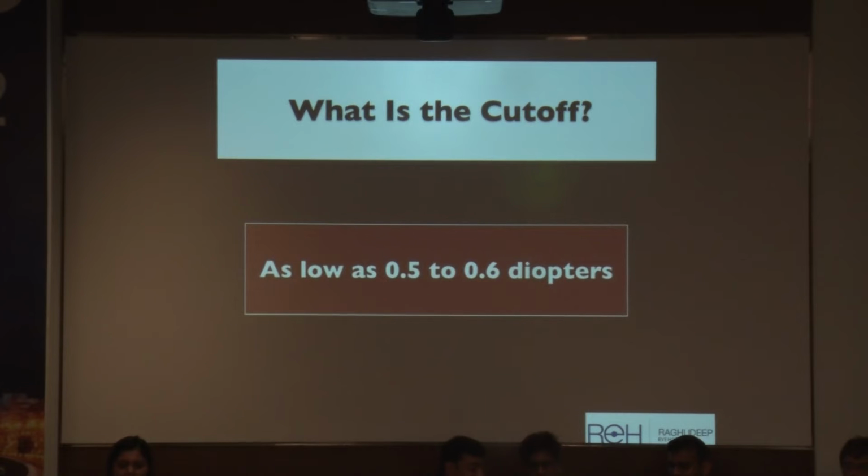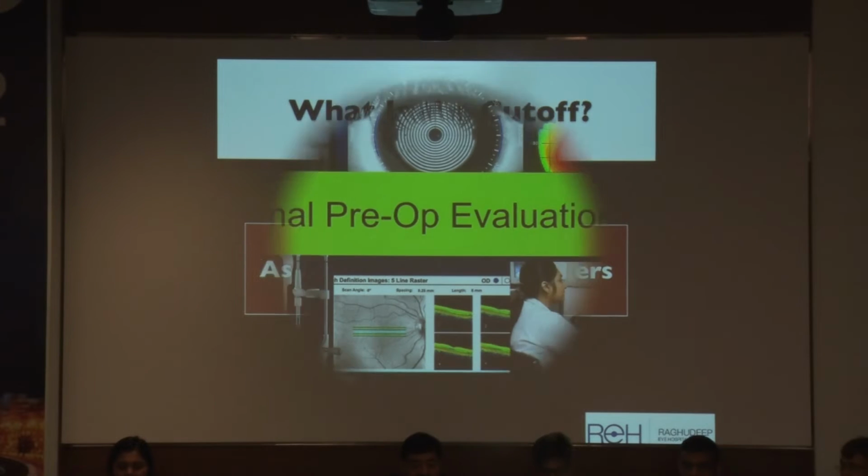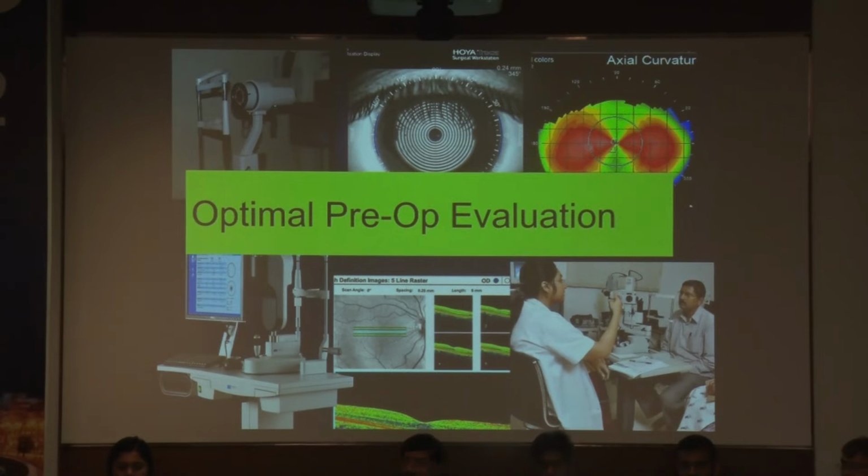Where is the cutoff? As we have discussed amply, I won't go into this, but anything 0.5 or more, we have to give the option. And like Dr. Paul said, maybe you will do a femto AK if you have access. If the patient is already paying more than double for his or her surgery in your femto, you might as well add in this, but you have to address the astigmatism.